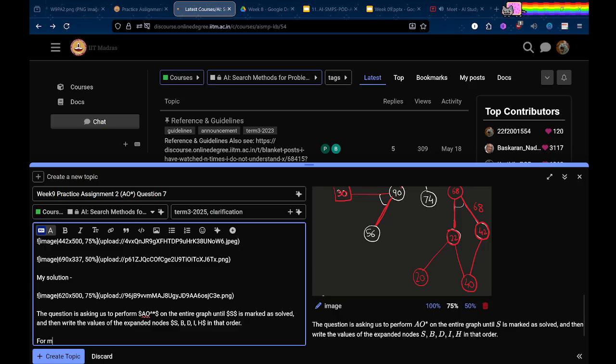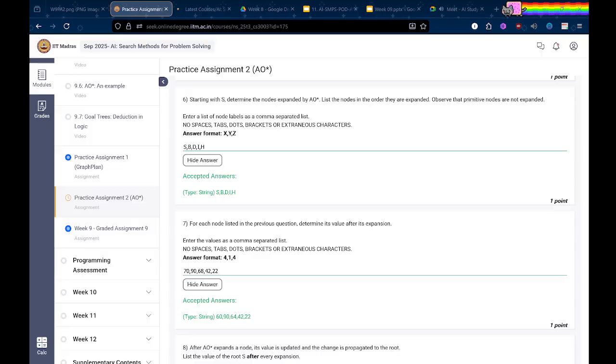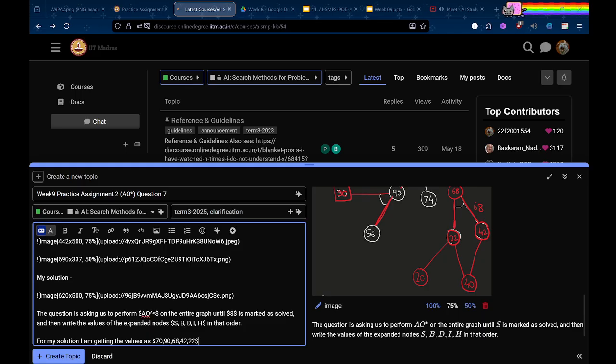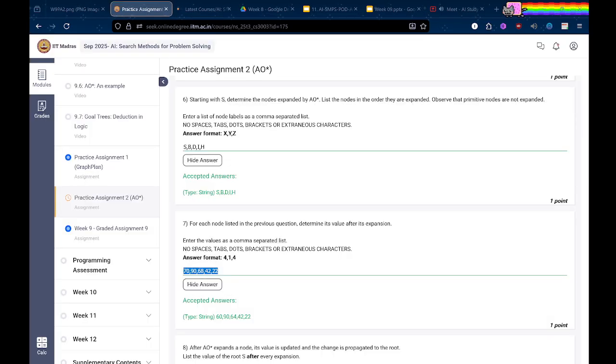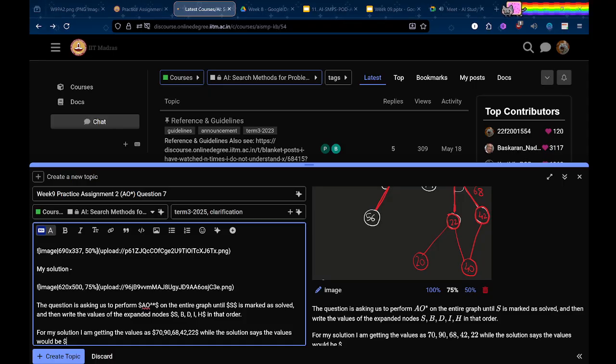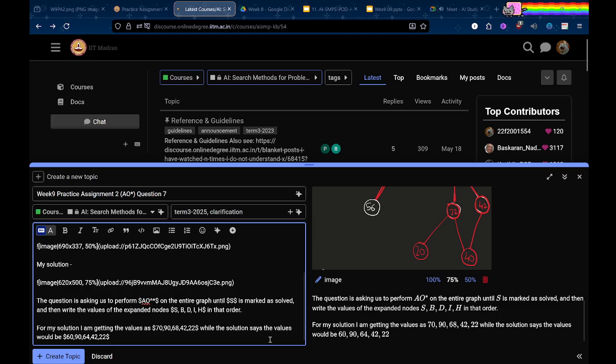For my solution, I am getting the values as follows, while the solution says the values would be different.